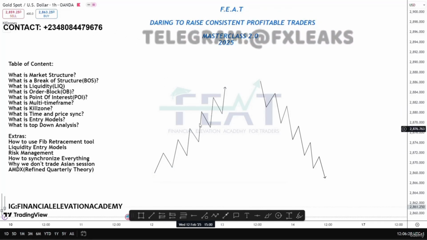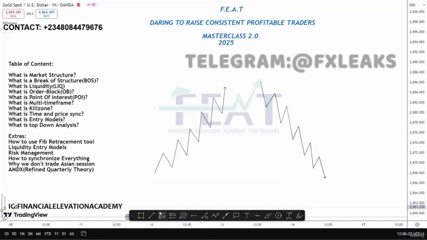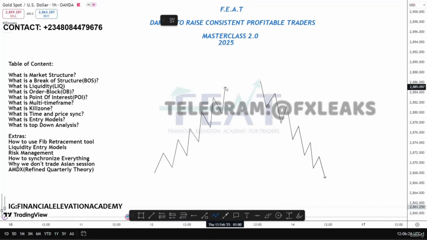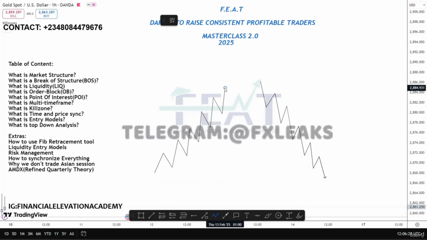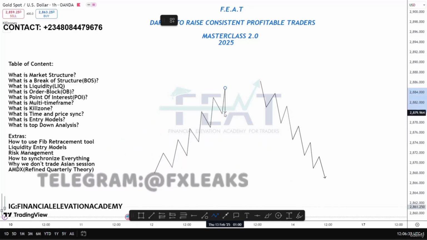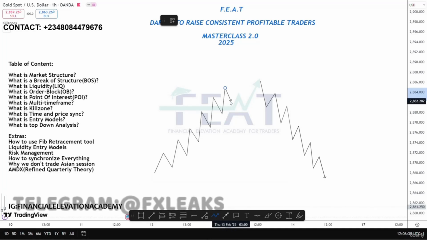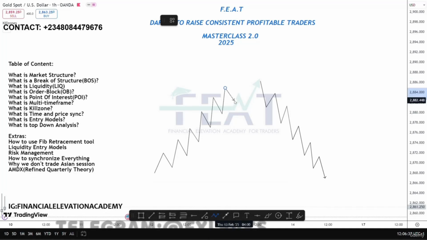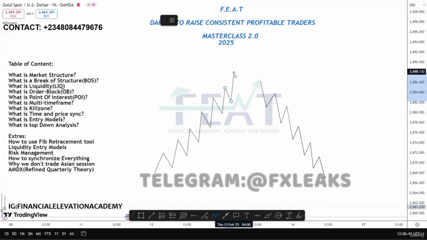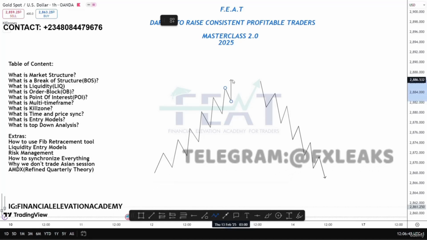Now, this is a bullish structure going on currently. Now, a break of structure will simply mean that this high, now that is here, normally we should have it retrace into this level and create a higher high. Let's say something like this should happen for a continuation of a bullish structure. But on this note, this won't happen now.